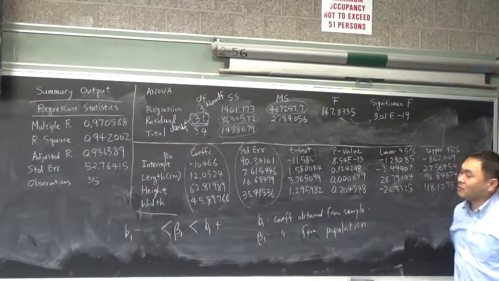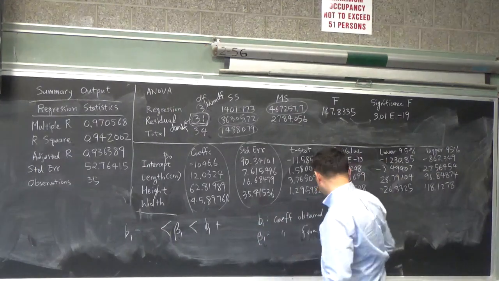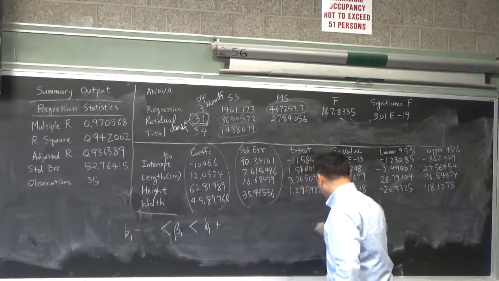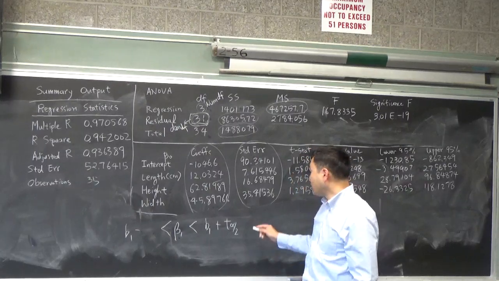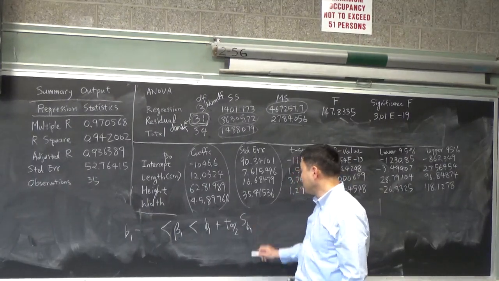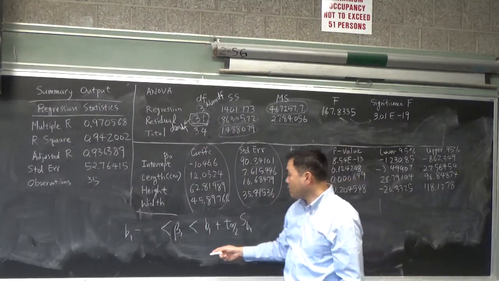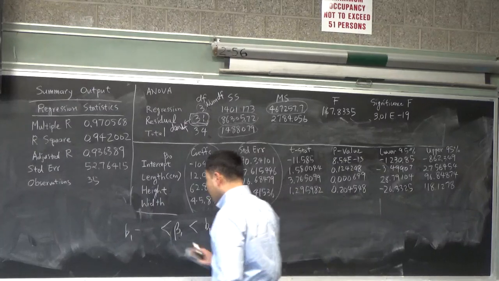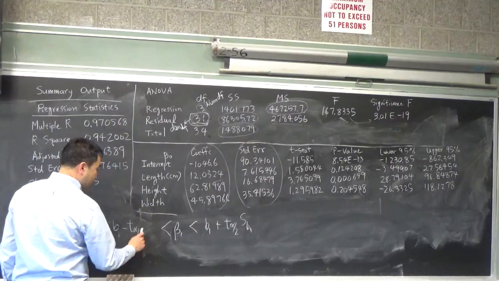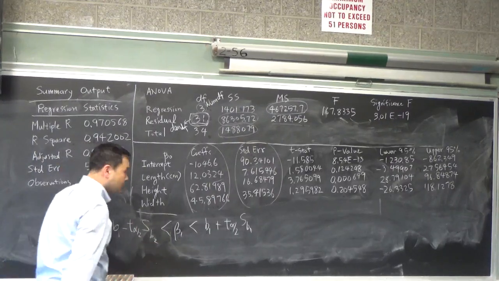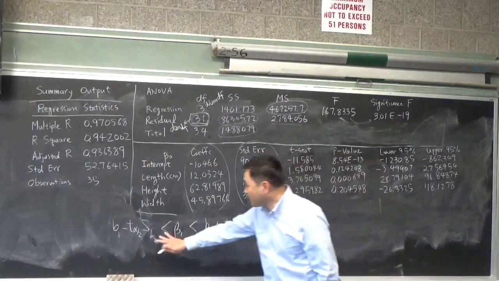Yeah, but anyways, that's the format, and the margin of error is similar to our previous formulas, which is T alpha over 2 times the S of B1, where standard error of B1 is this one. And then this again is B1 minus T alpha over 2 times S B1.